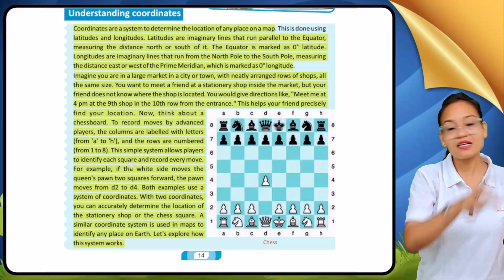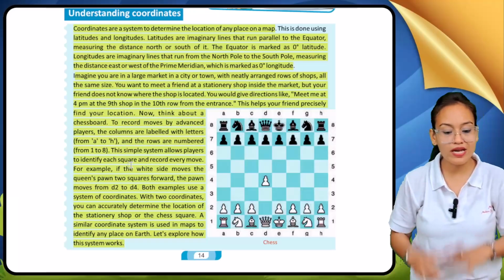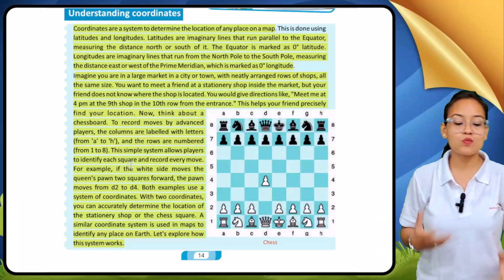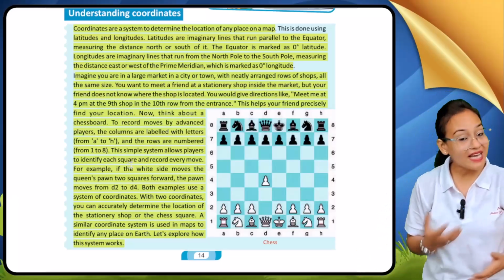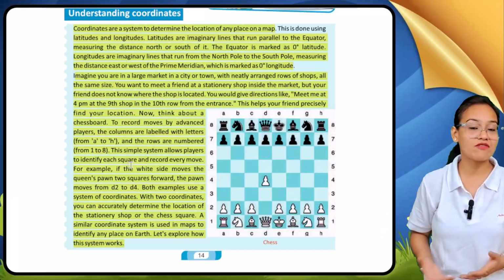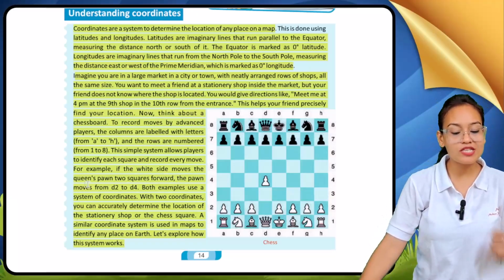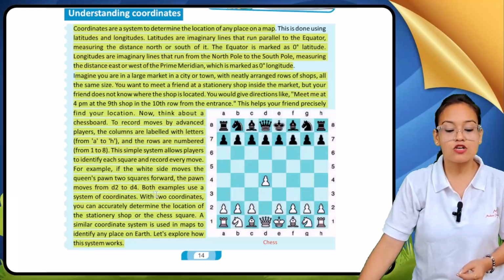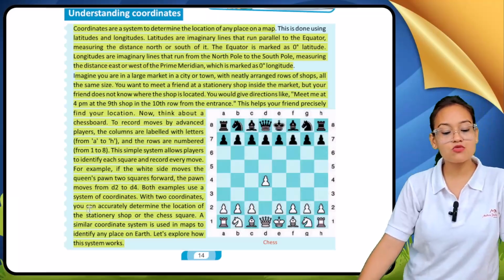Alphabets are marked in the columns and numerical order is marked in the rows. This simple system allows players to identify each square and record every move. So it helps players to record each and every step. For example, if the white side moves the queen's pawn two squares down, the pawn moves from d2 to d4. Through this way you play chess. These examples use the system of coordinates.